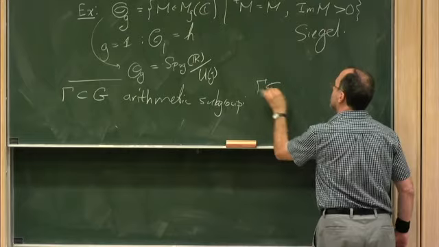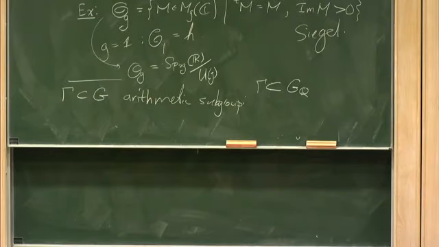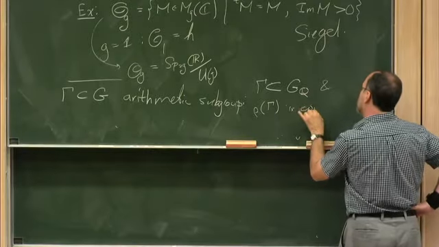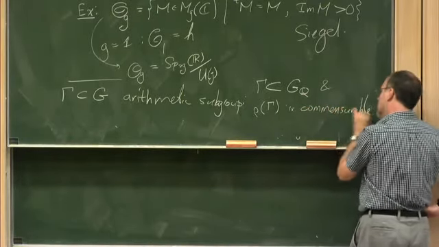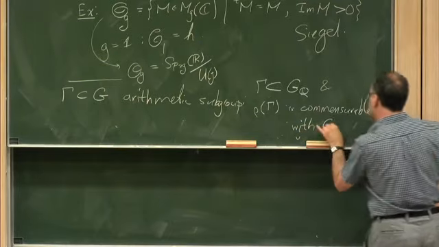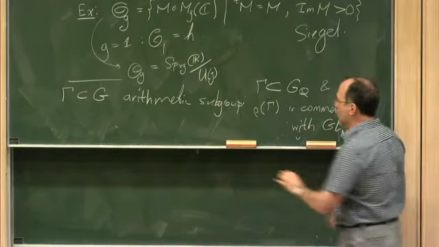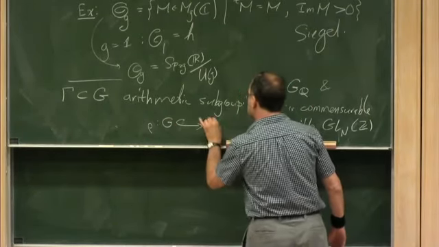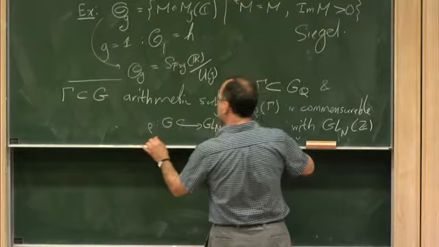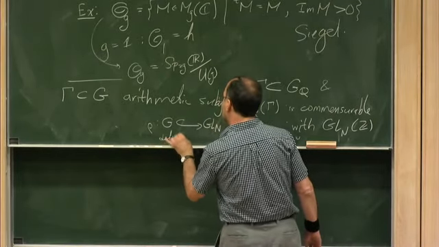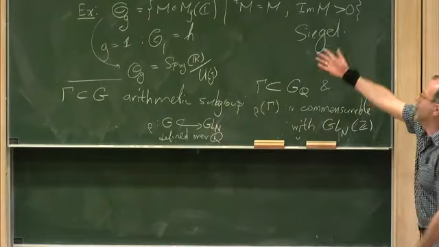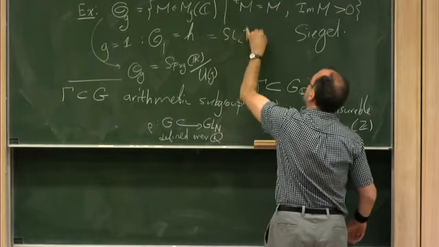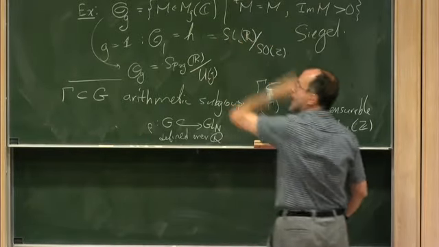So gamma is a subgroup of the rational points of G, and rho of gamma, I'll define rho in a second, is commensurable with GL big N of Z. Here rho is an embedding, a faithful representation of G, or actually the underlying algebraic group, into some large GLN, and it's defined over Q. So for example, you could just take Sp2g of Z. Or in the case of SL2R modulo SO2, you could just take SL2Z.